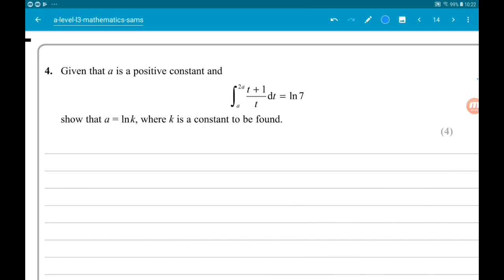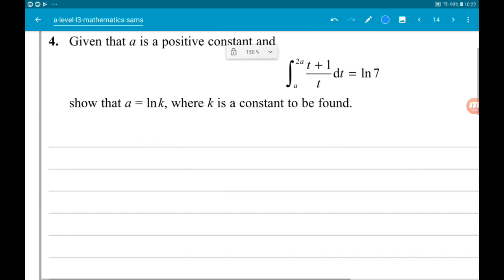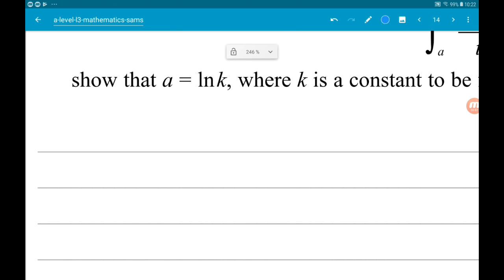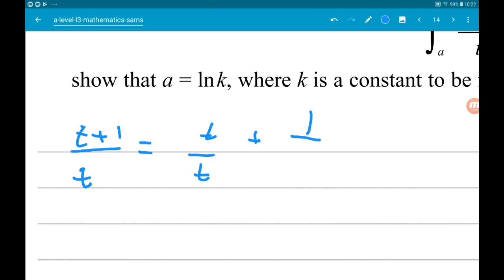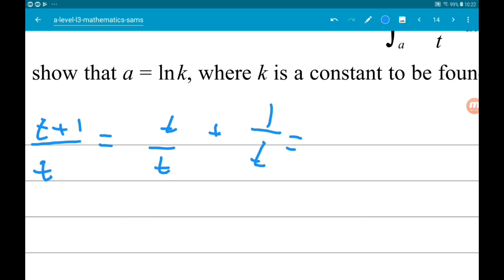So first thing we need to realise is that t add 1 over t can be written as t over t add 1 over t, which is 1 add 1 over t.